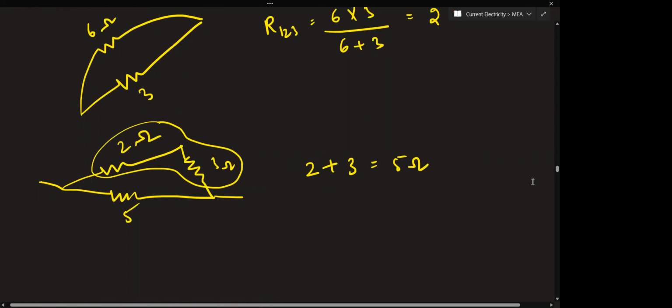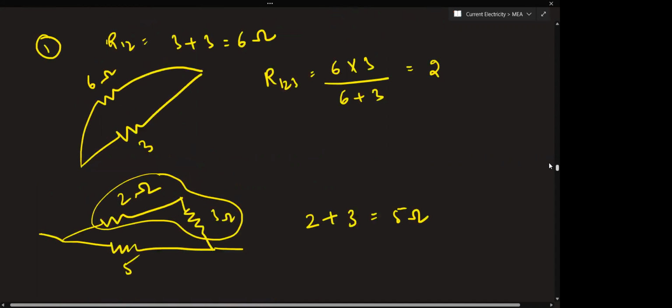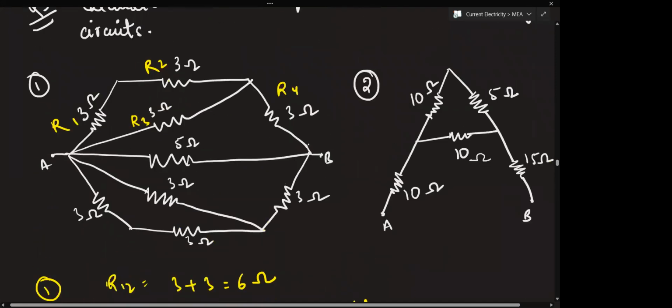See, the system is symmetric. If I solve all these resistors, I'm getting 5 ohm. Obviously, if you solve the lower portion also, you will get 5 ohm again. So in these kinds of questions, where you are able to see the symmetry, no need to solve it again.